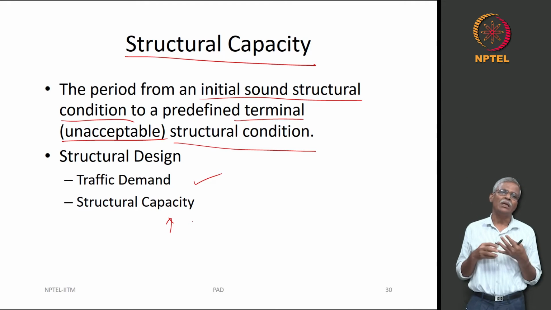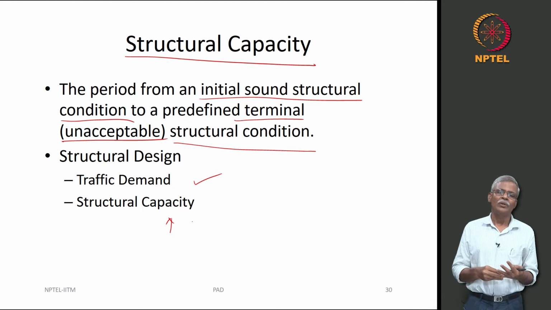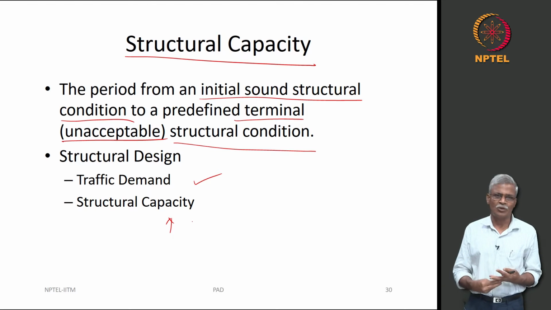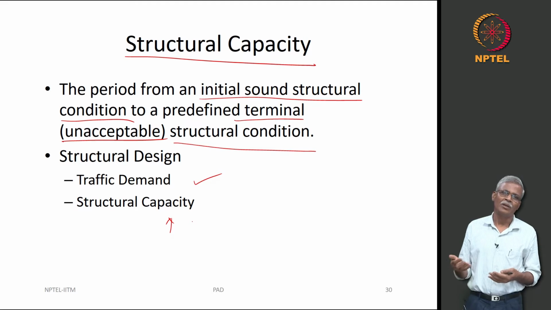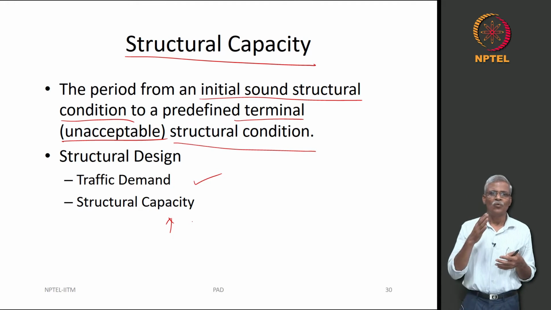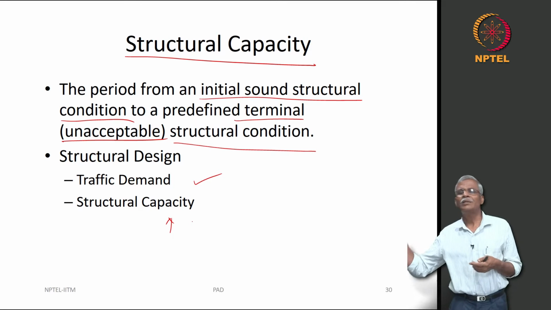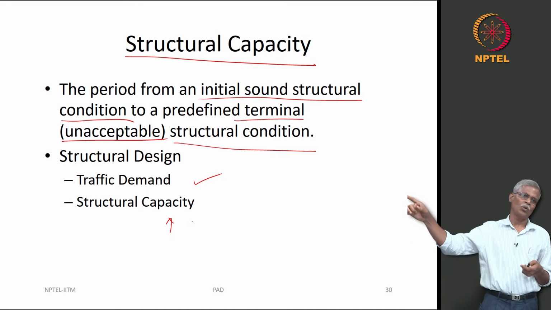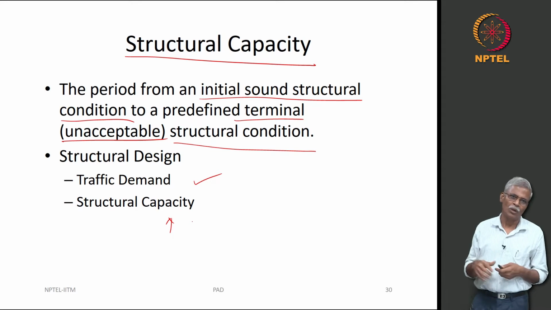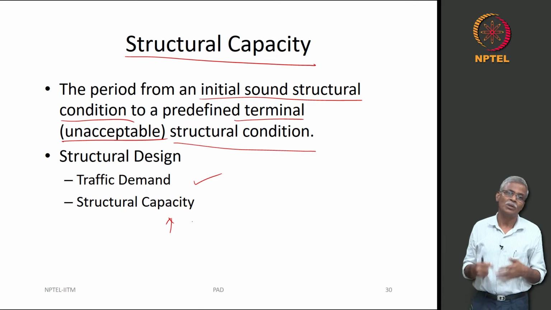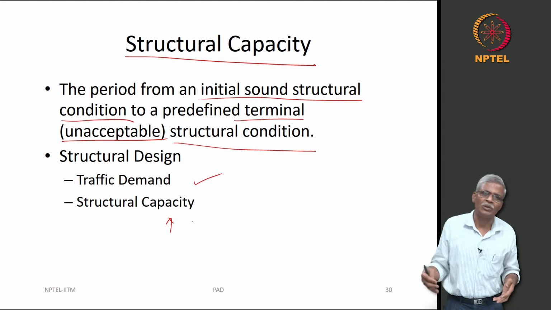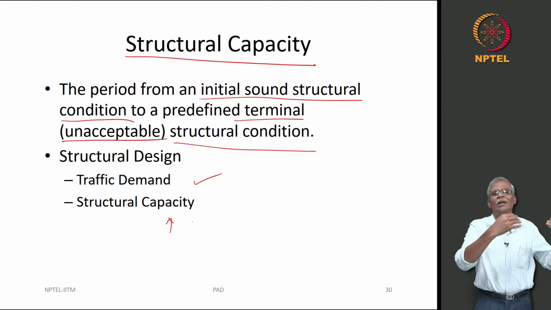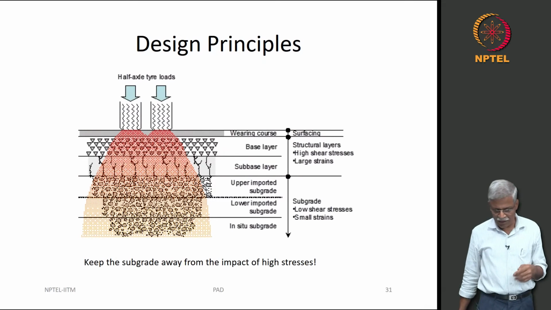So, given any pavement with a resilient modulus and structural number, what is the capacity for it to take these 80 kilonewton repeats, when the condition goes from, let us say, 4.2 to 1.5 or 2? So, that tells you something about the structural capacity. Now, what is it that we need to really match it with? What is the expected traffic demand here?